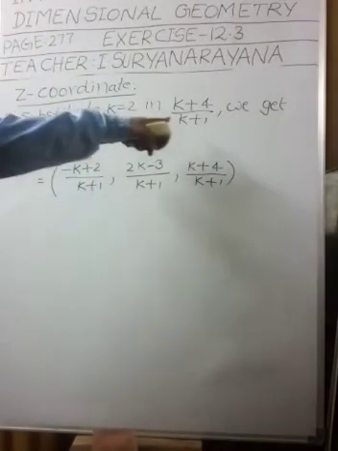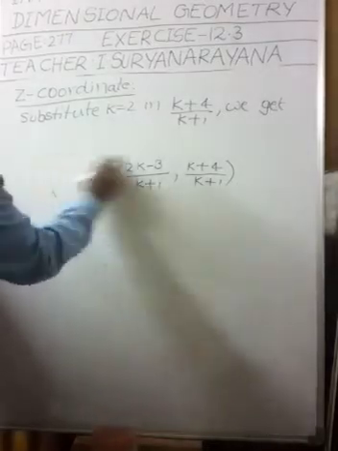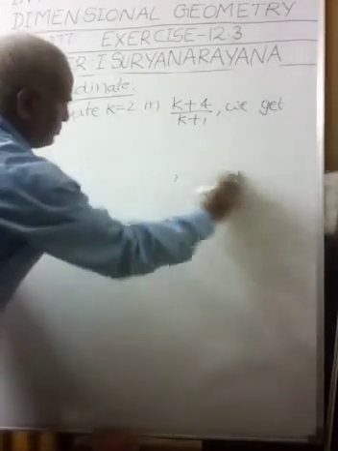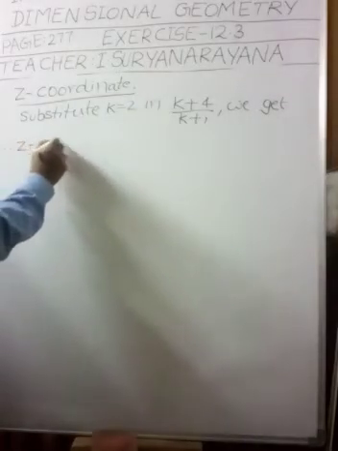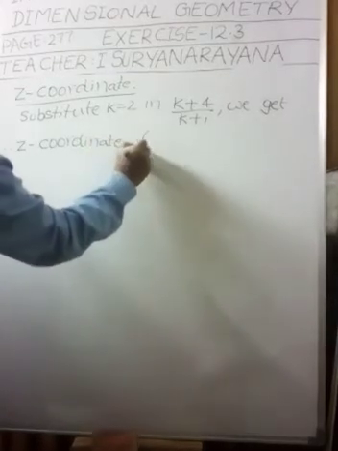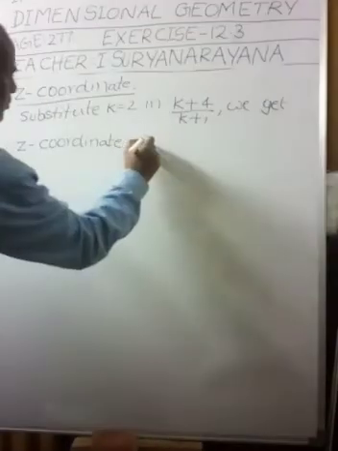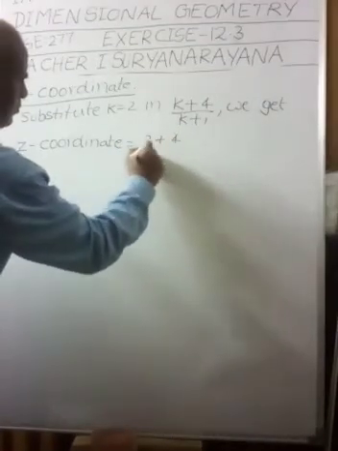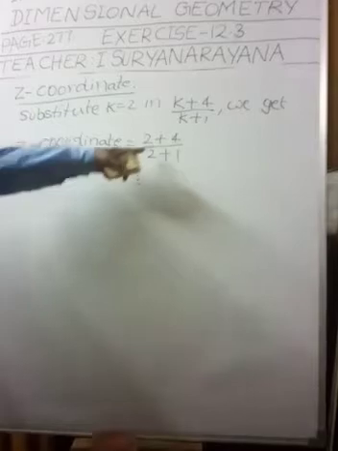In this expression, we substitute k is equal to 2. Then we get the z coordinate: the k value is 2, so 2 plus 4 by 2 plus 1. Understood this step, my children?